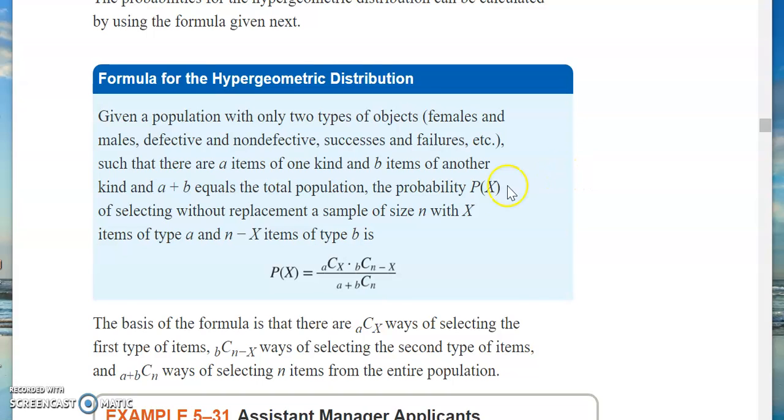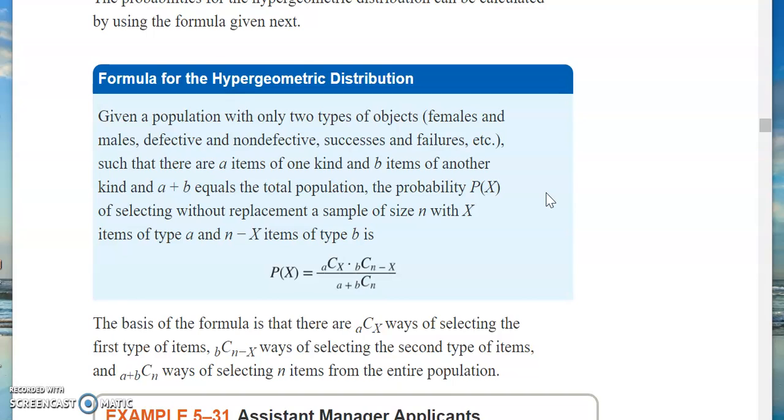So now we say, well, the probability, P of X, of selecting, and again, we're doing it without replacement, a sample of size n. This is what I don't like. He's using n as the size of the sample from this population. That's kind of what we've been doing in the past, and we're certainly going to do it in the future, but it's a little different from what we've been talking about before.